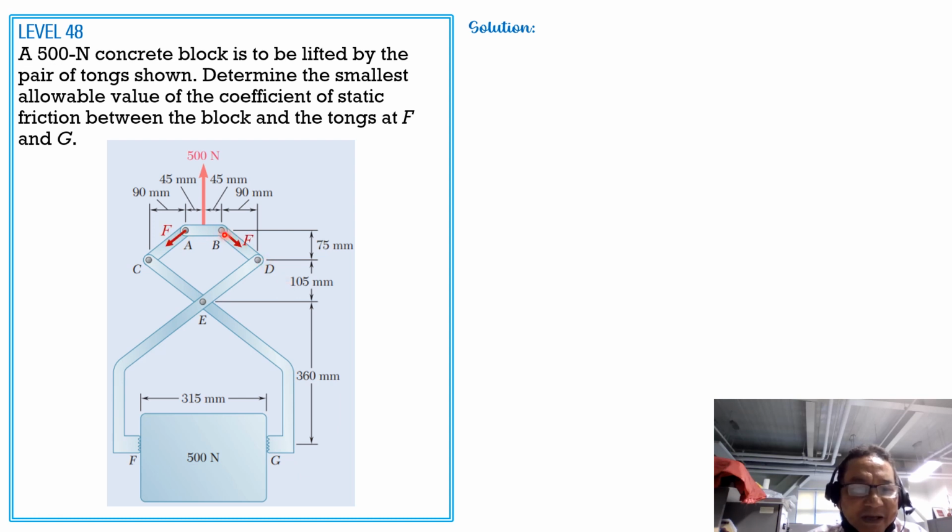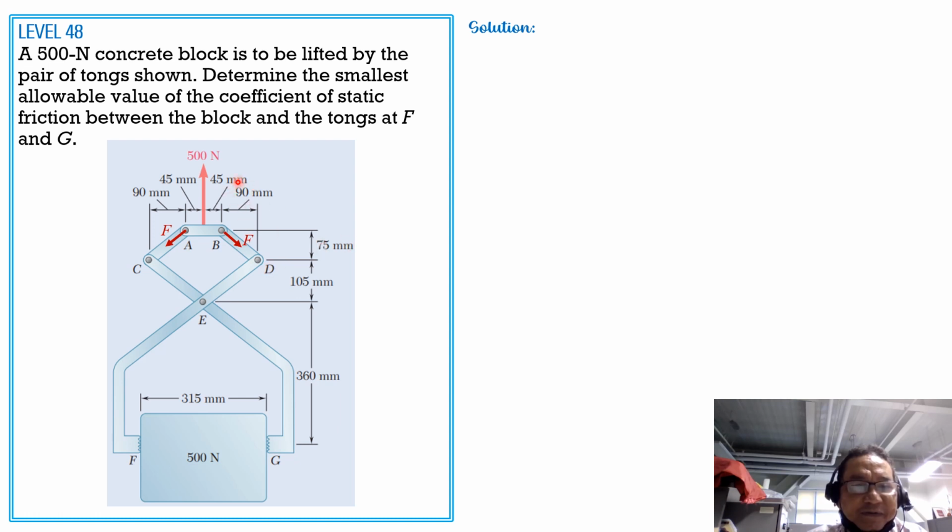And we have the slope given, so that summation forces vertical equals 0. So 500 newtons is equal to twice the vertical component of F. The vertical component of F is magnitude of F times 75 divided by the distance, which is square root of 90 square plus 75 square.